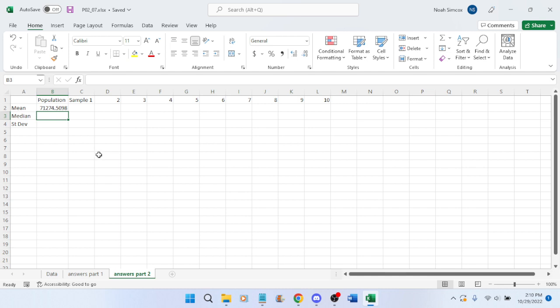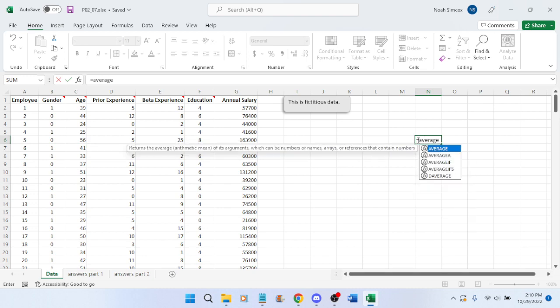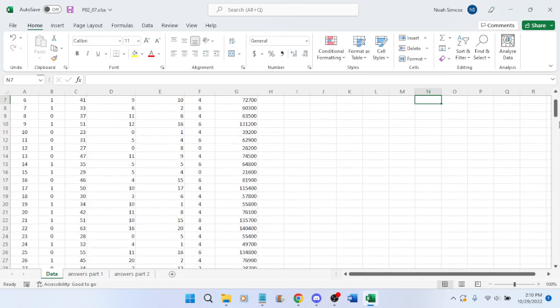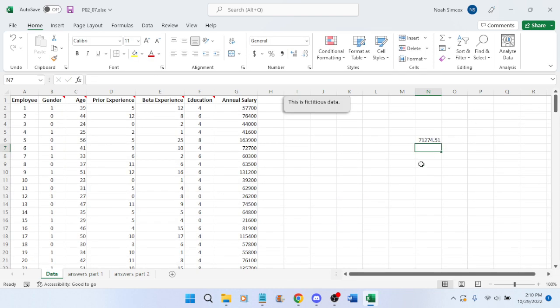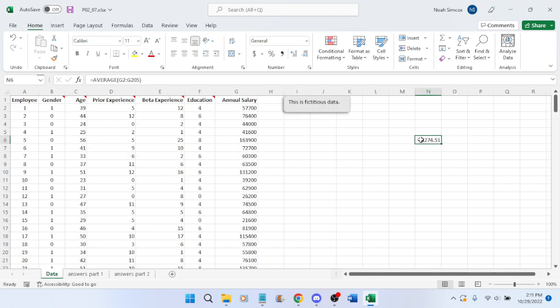We want 71 to 74, blah, blah, blah. Just double checking. Good, always good to double check. 71 to 74.51. So yes, that's pretty much right.